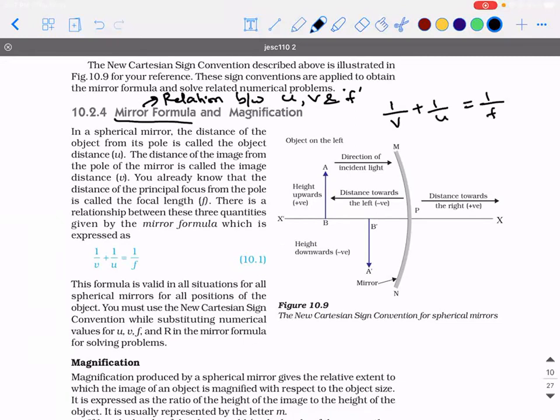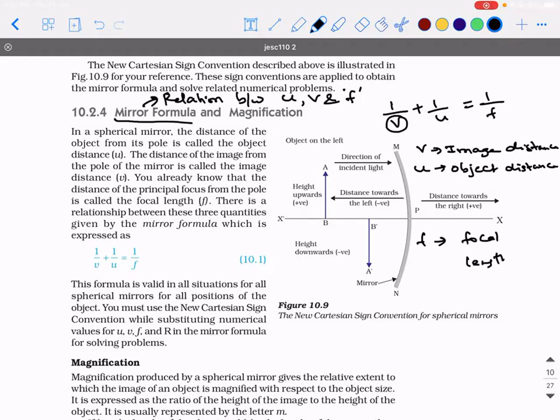Let me explain what v means. v means the image distance. u means object distance. And f obviously means focal length. Clear?